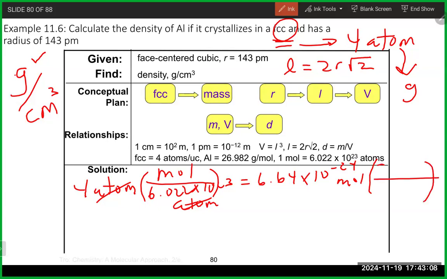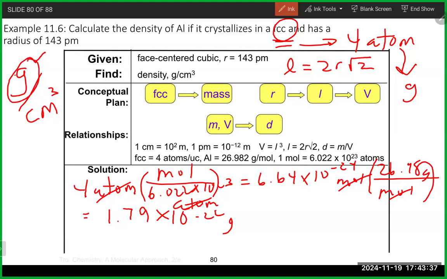So we'll multiply by 26.98 grams per mole. Moles will cancel, and this will give us our grams part. That gets us 1.79 times 10 to the minus 22 grams. There we go.